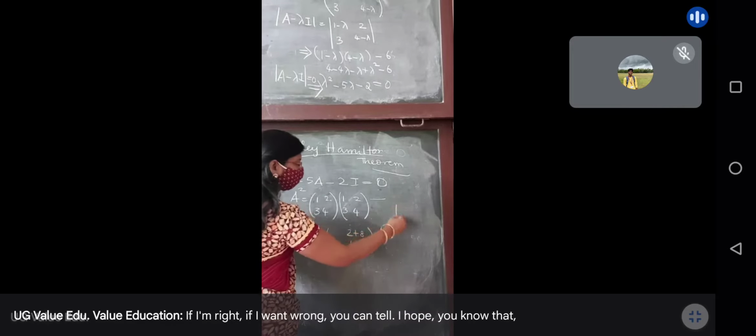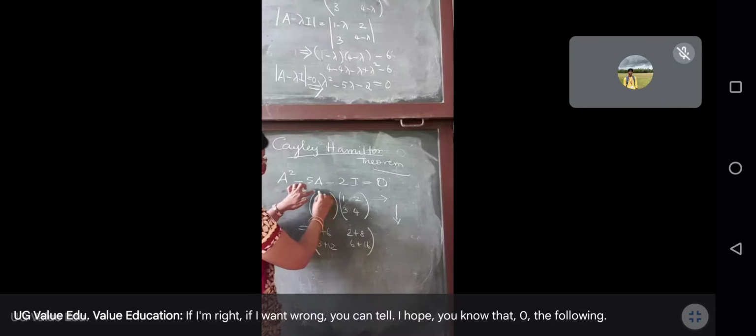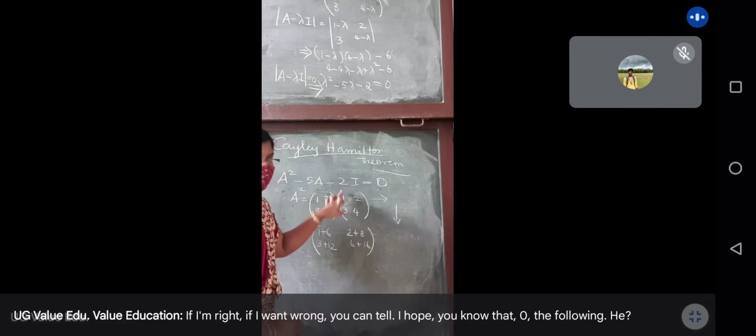See if I'm right. If I've gone wrong, you can tell me. I hope you know matrix multiplication. In the row, in the column, first step. In the same way this one. Right, this direction, this direction.